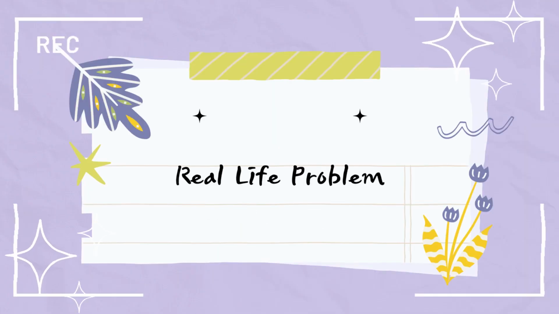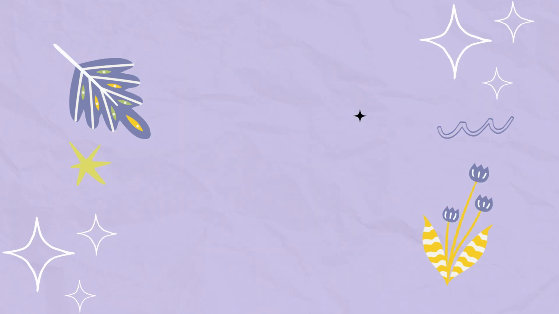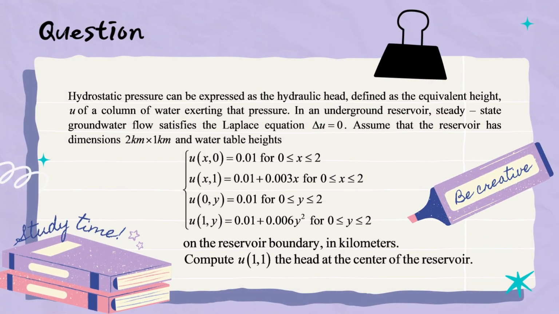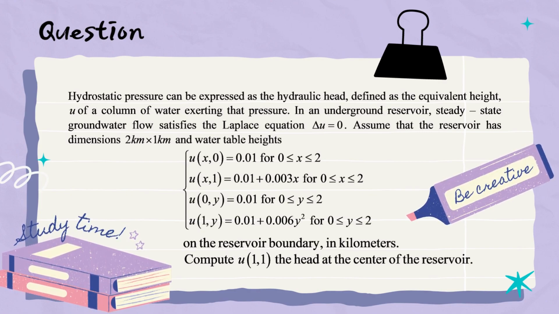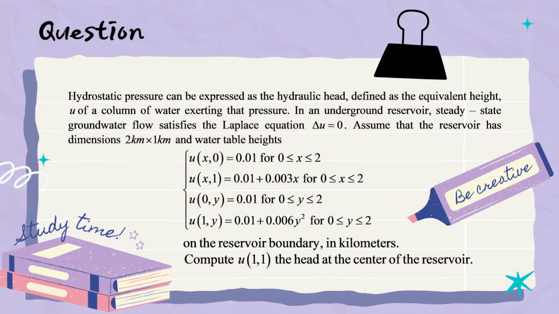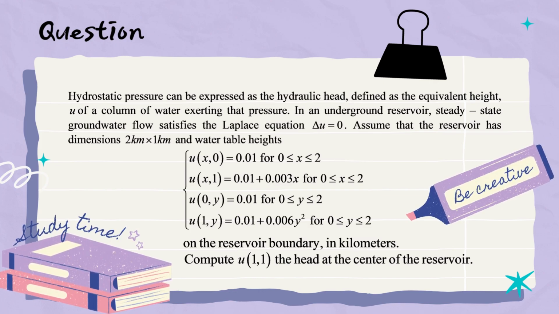Now I will be presenting the real-life problem of a partial differential equation which will be solved using finite difference method. Here we have a question which describes a real-life problem of a partial differential equation. Hydrostatic pressure can be expressed as hydraulic head, defined as the equivalent height u of a column of water exerting that pressure.